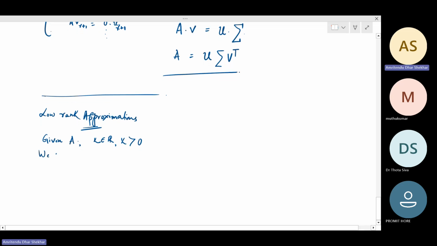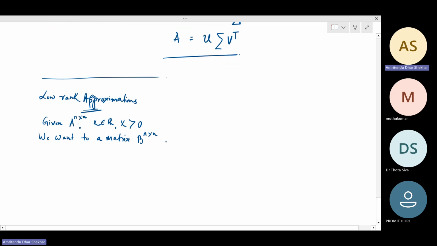Assume that these are n cross n matrices. We want to find a matrix B, n cross n, such that the rank of B is equal to K and A minus B, with respect to the Frobenius norm, is minimized.